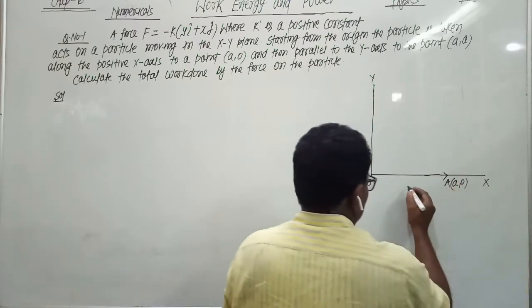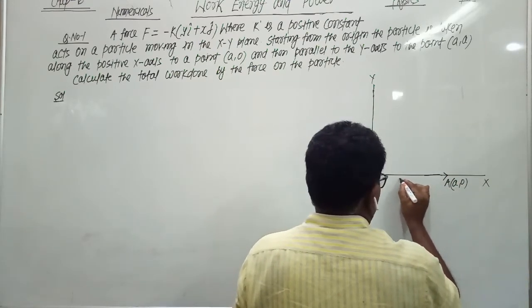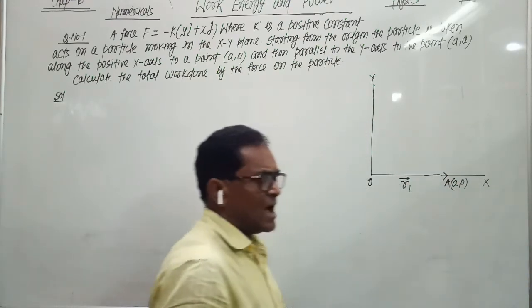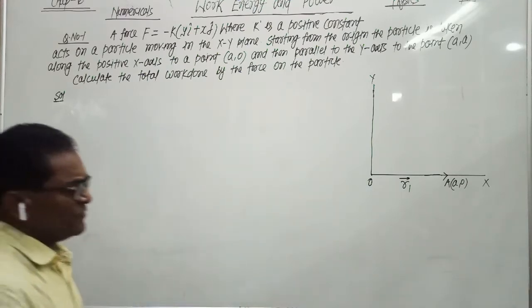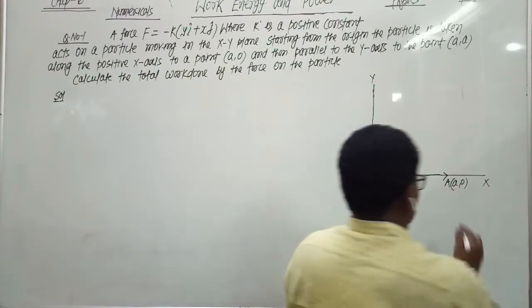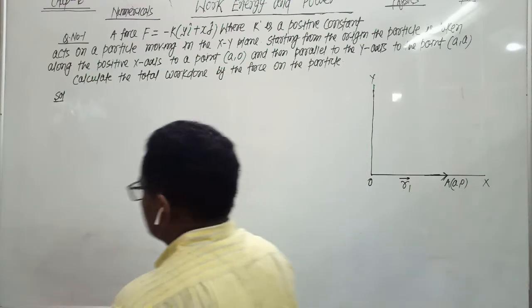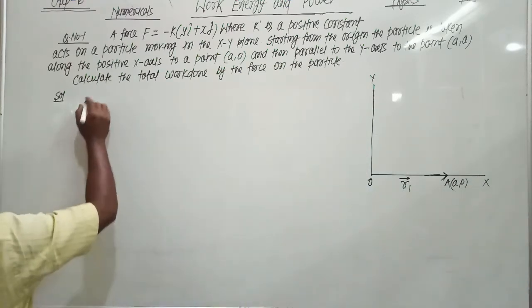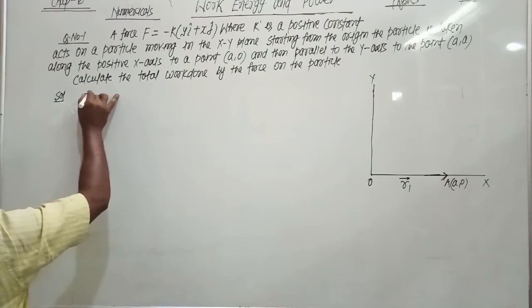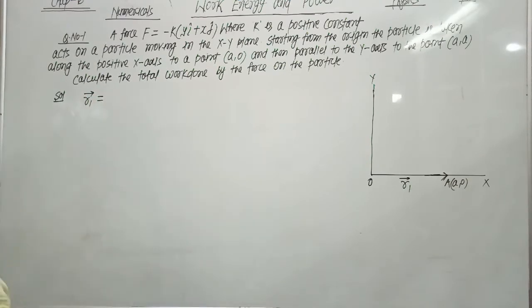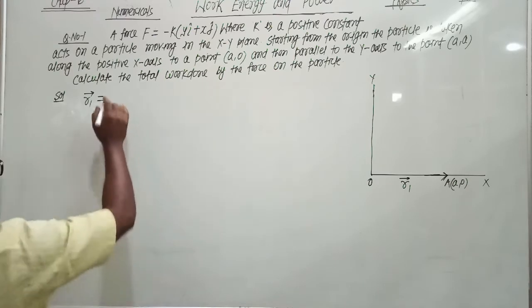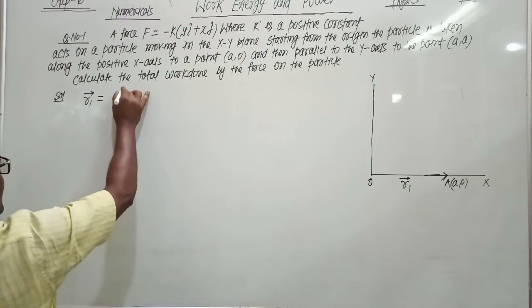And this is the position vector, which is represented by vector r1. So vector r1, in terms of position vector, is given by a i cap plus 0 j cap, which means r1 equals a i cap.